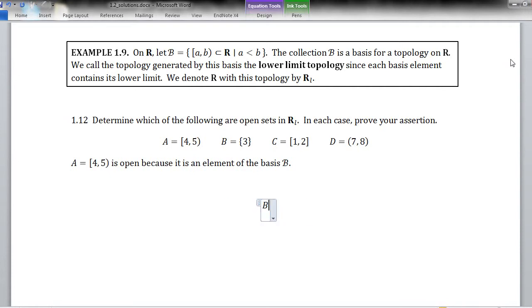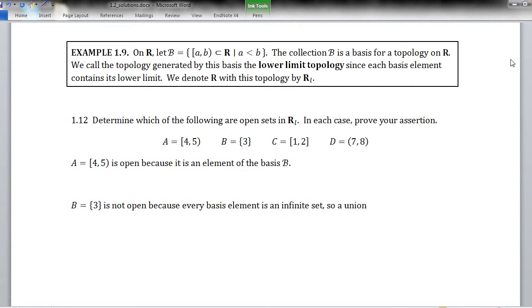Next we'll look at B, which is just a single number. And well, one way to see that this is not open is to notice that every basis element is an infinite set, meaning it has an infinite number of elements in it.